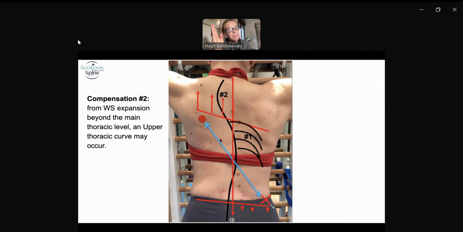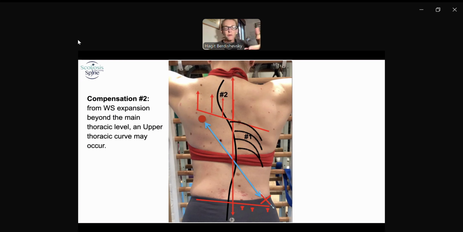And then what we can notice is it's not really a creation of upper thoracic. It takes months and years to really have that, if there is the genetic for this curve type, upper thoracic. But it will create a compensatory.